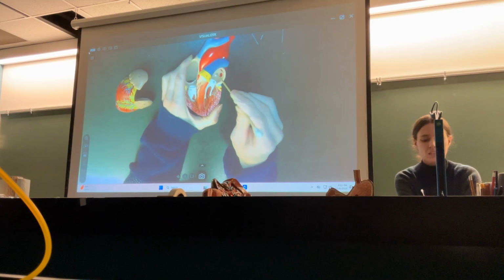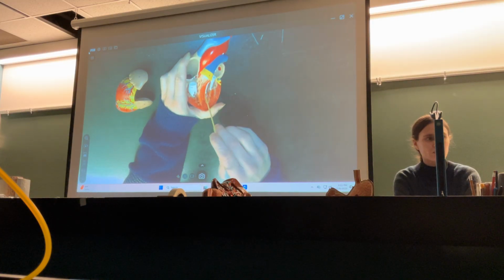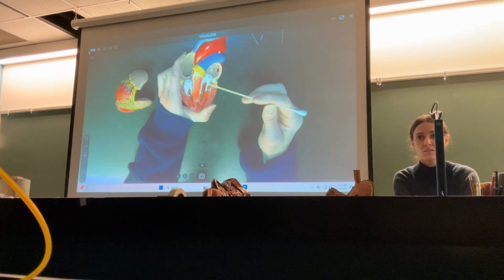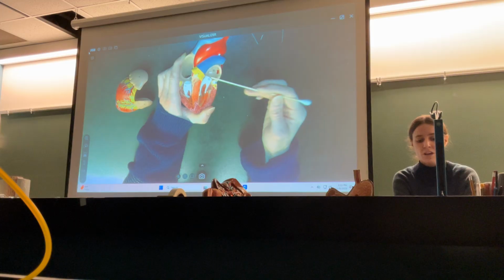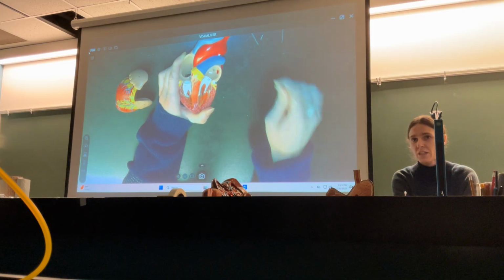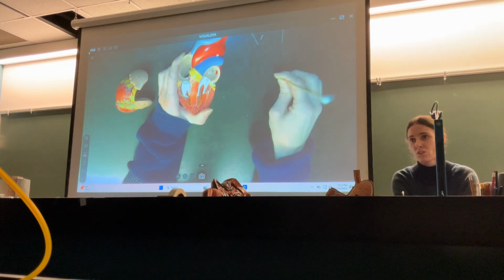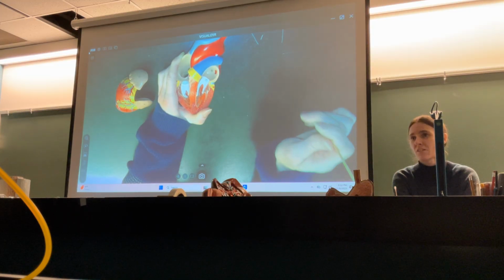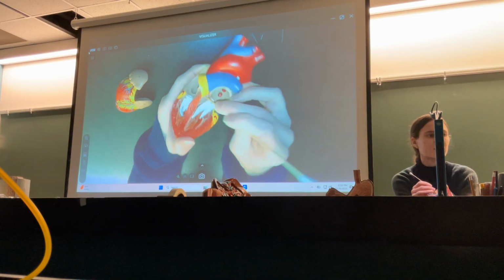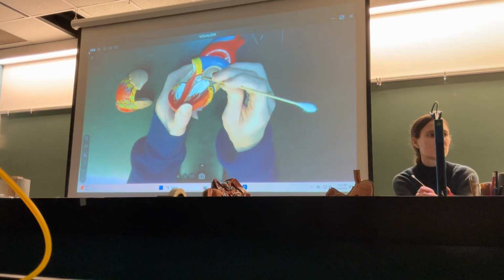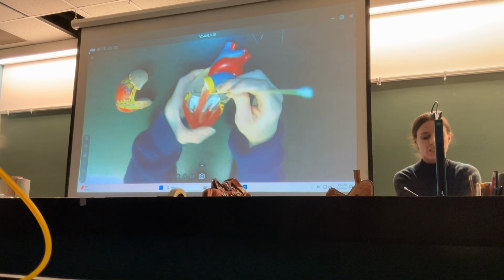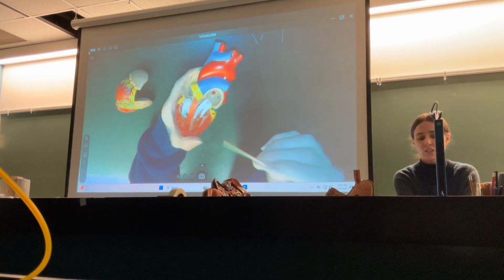What is this chamber right here? Left atrium. What about here? Left ventricle. What are these called again? Chordae tendineae. What is the valve that separates left atrium and left ventricle? Mitral, bicuspid, or left atrioventricular valve. Now here is our aortic semilunar valve that separates the left ventricle and the aorta.